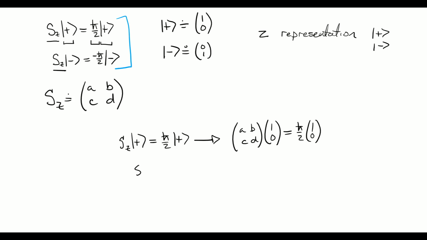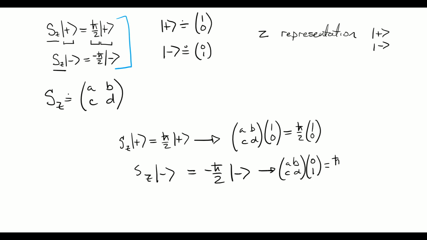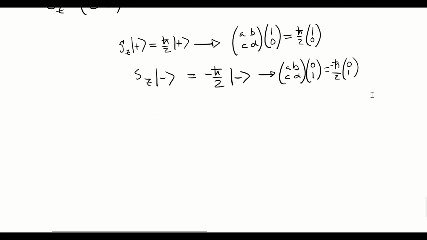And likewise, our Sz minus is equal to negative ħ/2 minus. That maps to, again, that 2 by 2 matrix (A, B, C, D) times (0, 1) equal to negative ħ/2 times (0, 1).